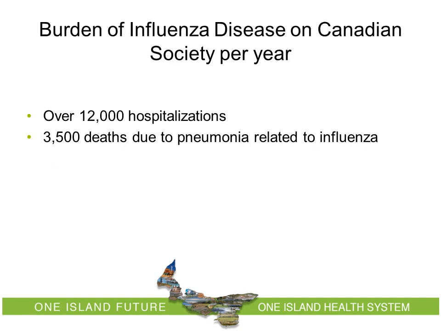While the majority of those who become ill will recover, it is estimated that influenza causes about 12,000 hospitalizations and 3,500 deaths in Canada each year. Influenza is among the top 10 leading causes of death in Canada.